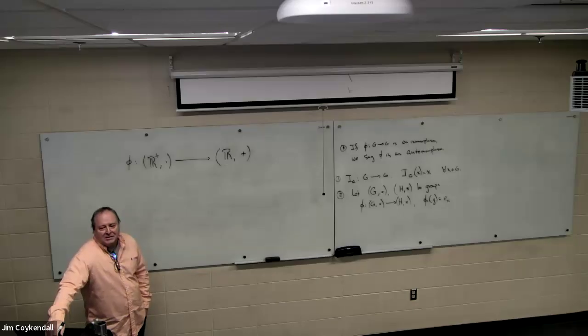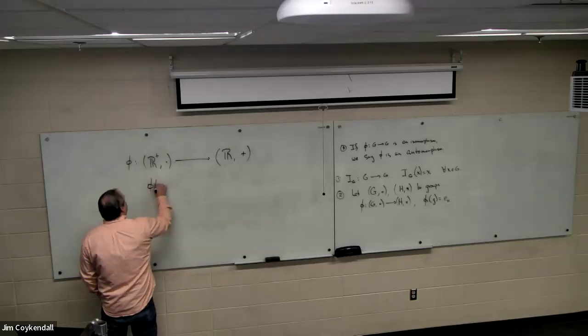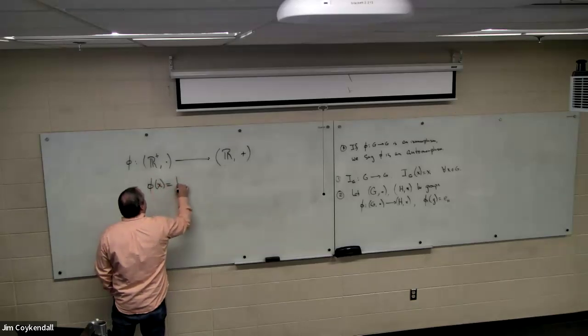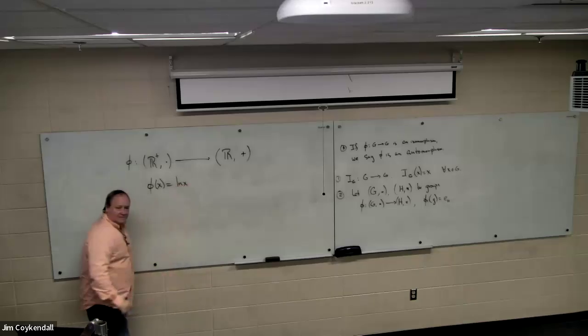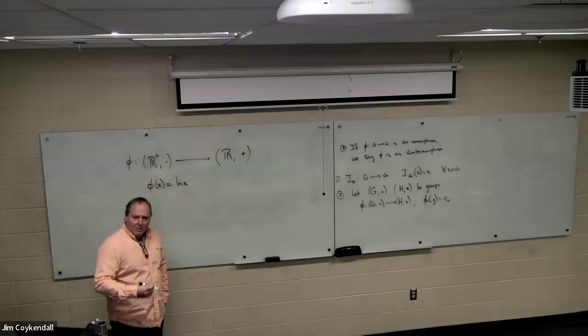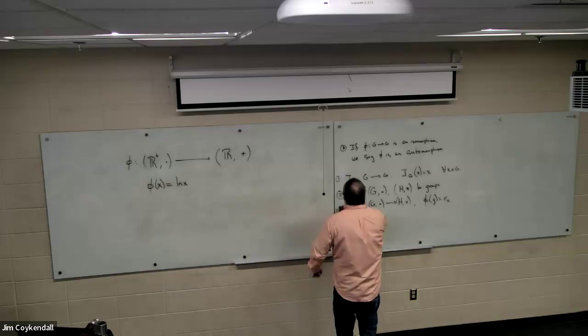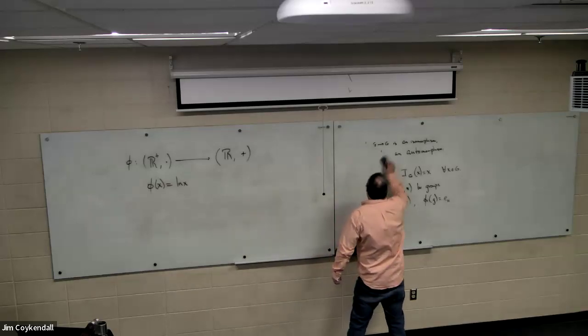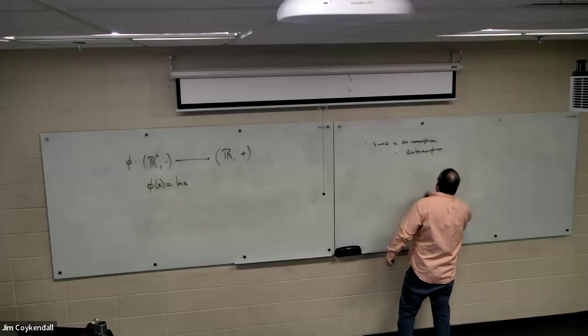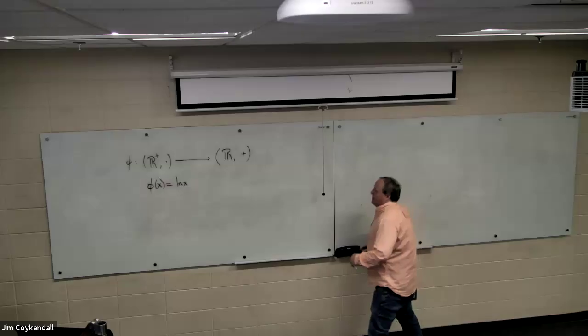How about this? The natural logarithm. The natural logarithm is a homomorphism from the positive reals under multiplication into, and in fact onto, the real numbers under addition. And here's why this is true.